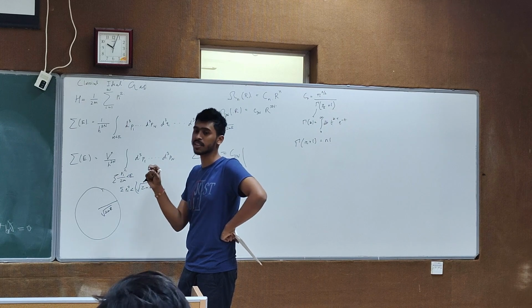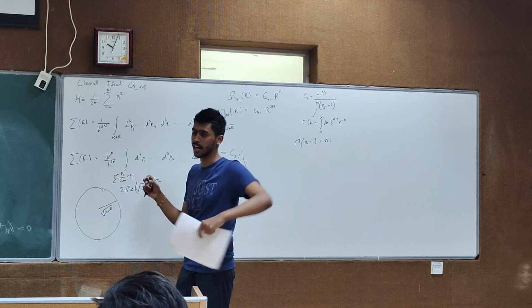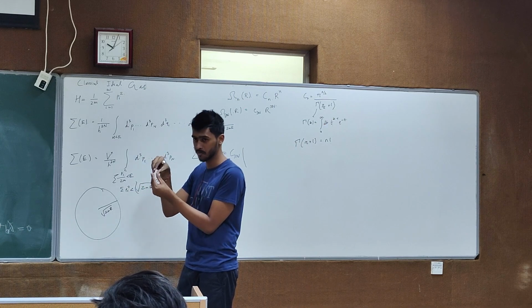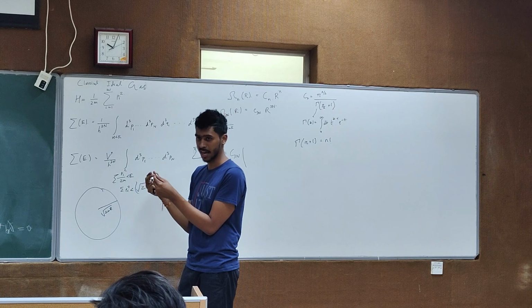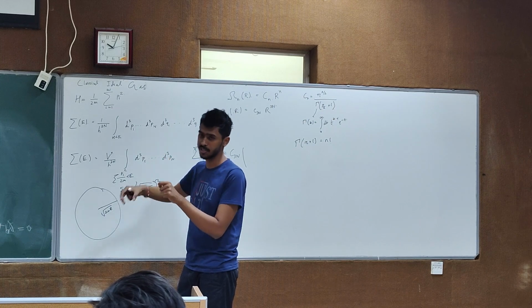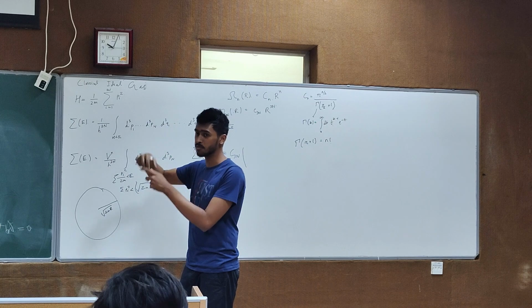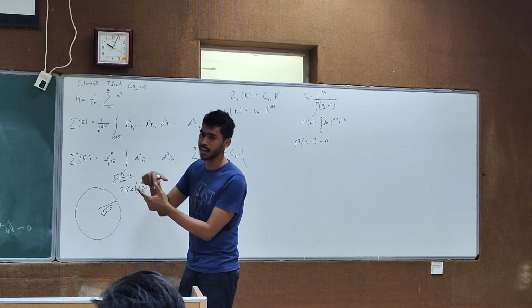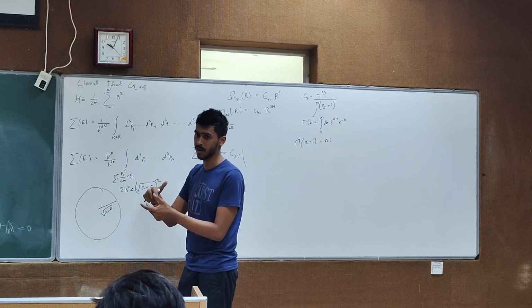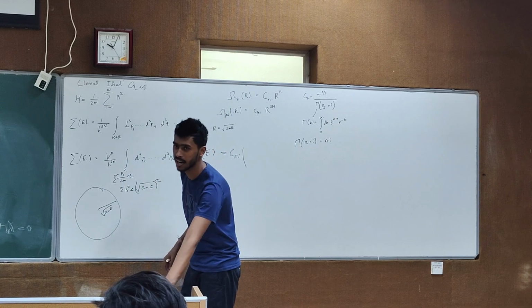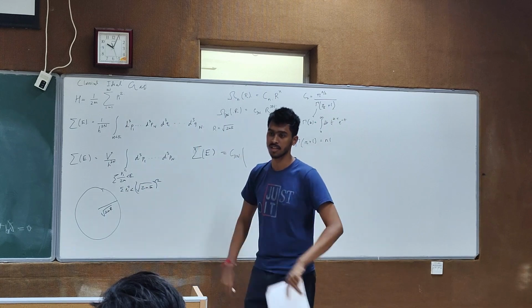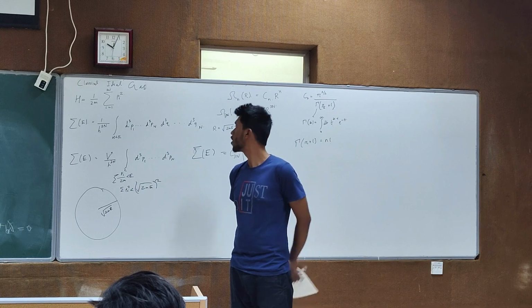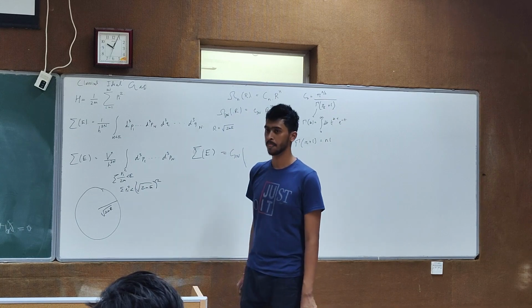Two atoms can't access the same volume at a single time. So if you divide your space into volumes of h cube, h cube, h cube, you can put one atom in one h cube and so on, and you can count it that way. My question was, shouldn't that be gamma instead of sigma? Gamma gives the number of points accessible, right?